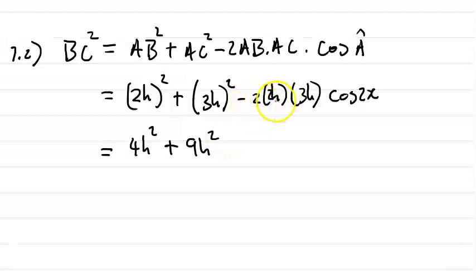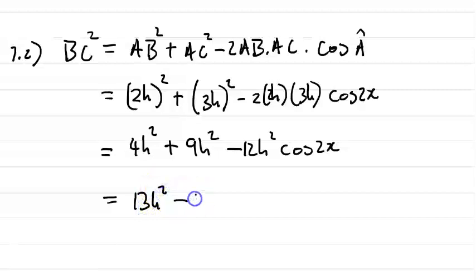Minus 2 times 2h times 3h will be 2 times 2 is 4, and 4 times 3 is 12. So that's negative 12h squared times cos of 2x. Simplify. 4h squared plus 9h squared is 13h squared minus 12h squared times cos of 2x.